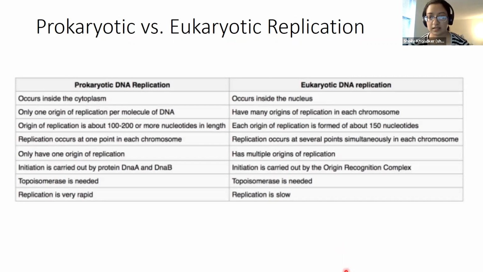In addition, the actual enzymes involved in both are different, but that is a little too much detail for the scope of this class, so I won't be going into that.